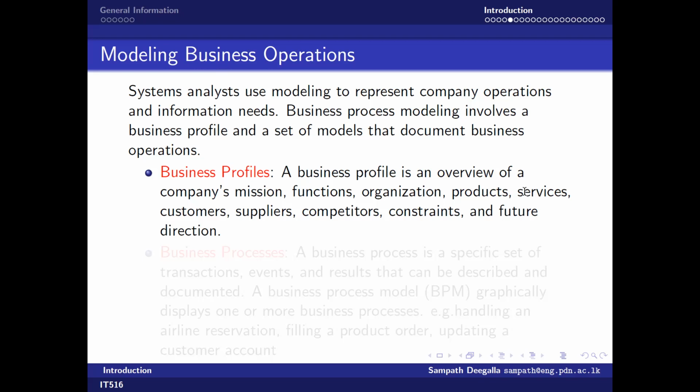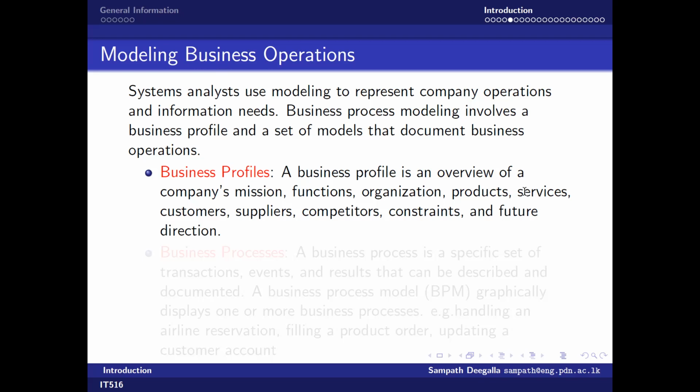Then we have various products and services. In our case, the products would be different degree programs; different faculties offer different degree programs, short courses, and professional courses. And apart from that, we provide services to different industries.